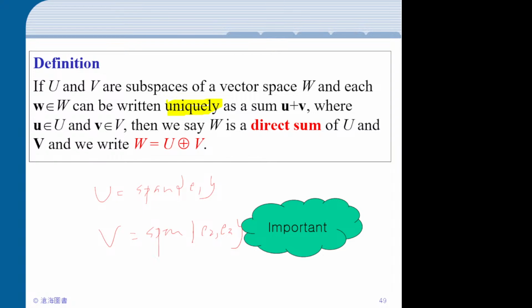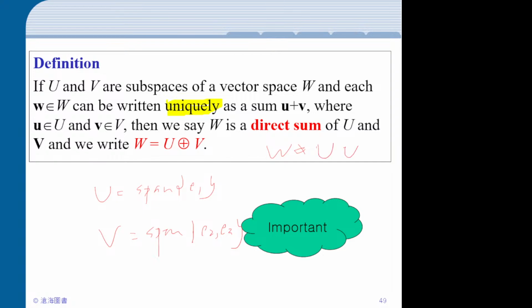Hopefully this doesn't contradict with the notation in our homework. But what I want to say is that the direct sum is not the same as the union of those two subspaces.